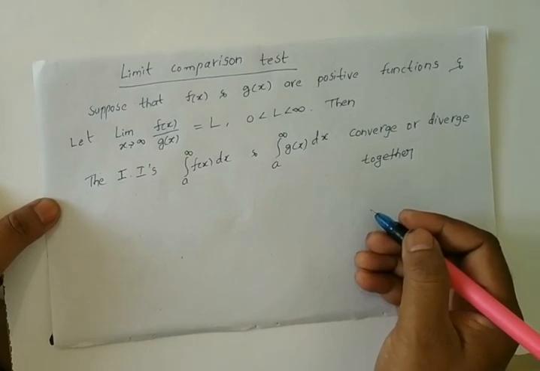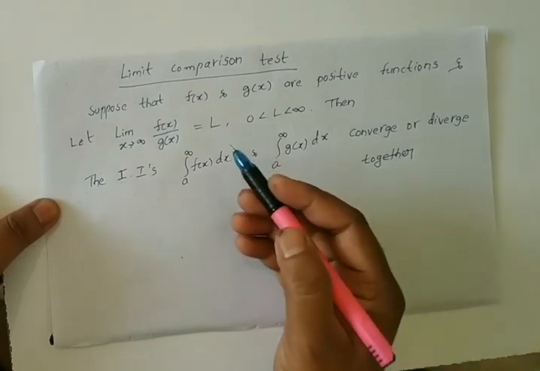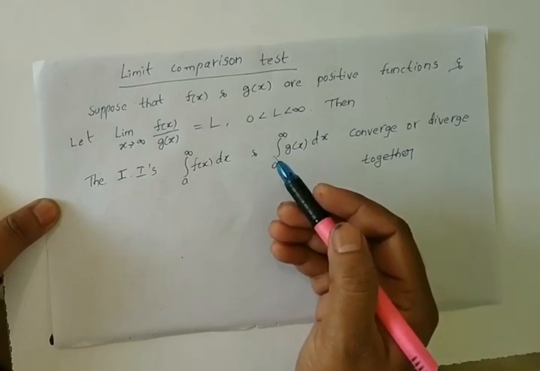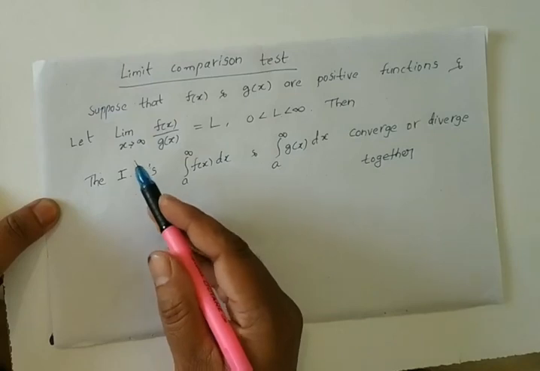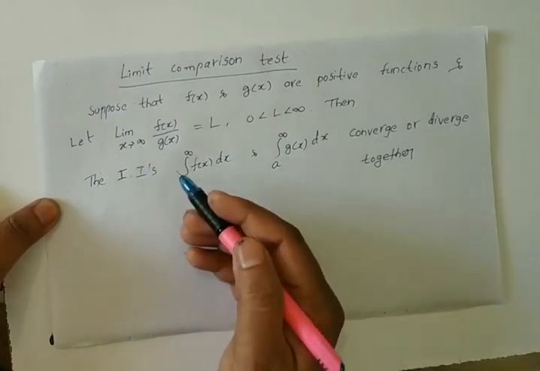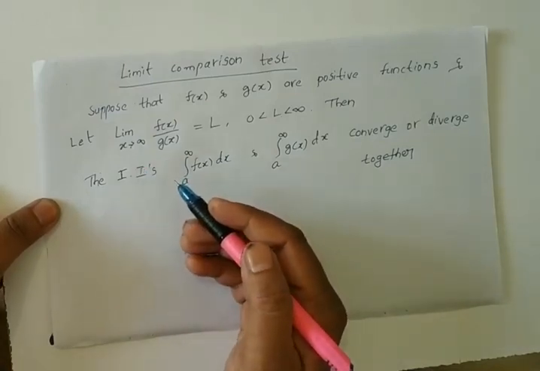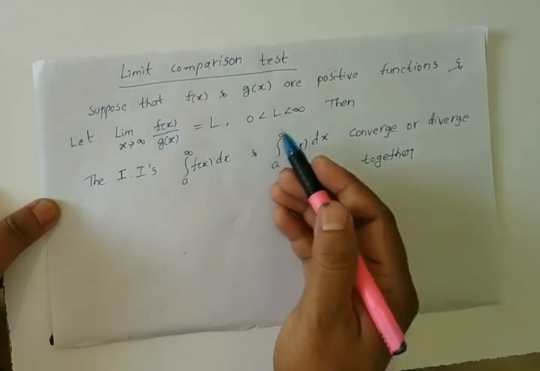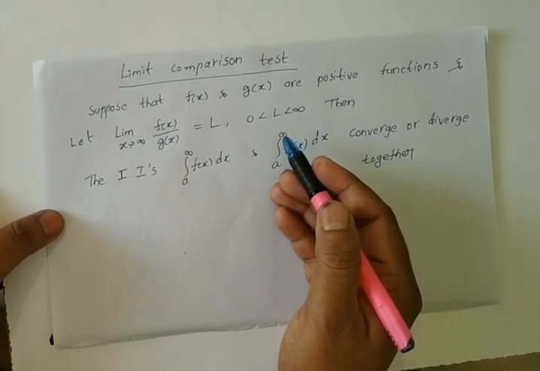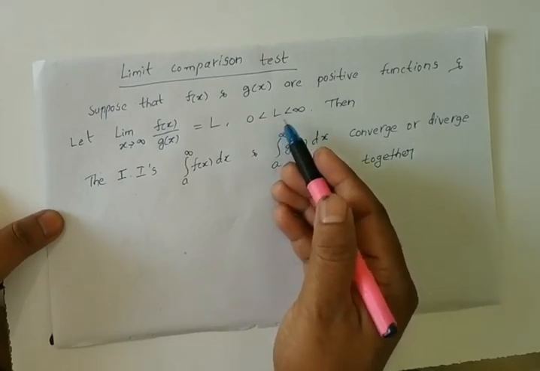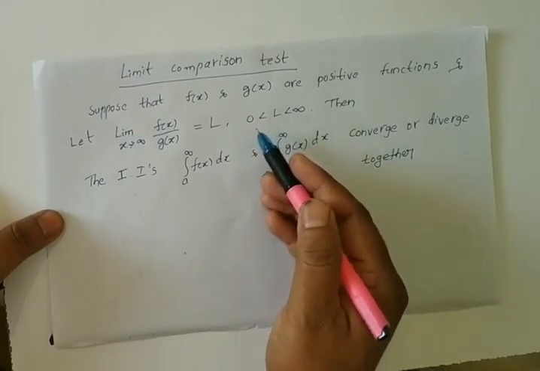Okay students, first listen. Suppose f of x and g of x are two positive functions and also the limit as x tends to infinity of f of x by g of x is equal to L, where 0 less than L less than infinity. That means L lies between 0 and infinity.